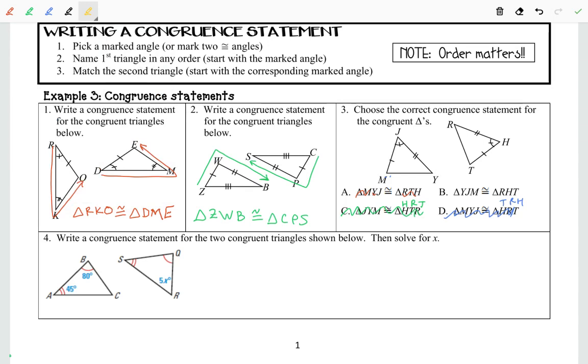So we've got YJM. So 2 side, then 1 side would be RHT. And that is what we have. So this is correct.